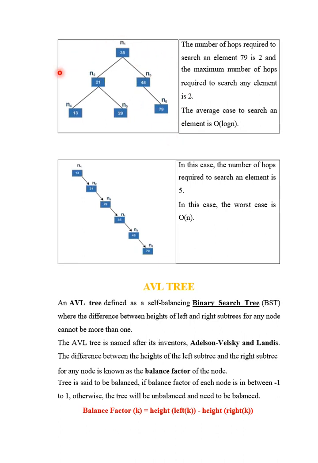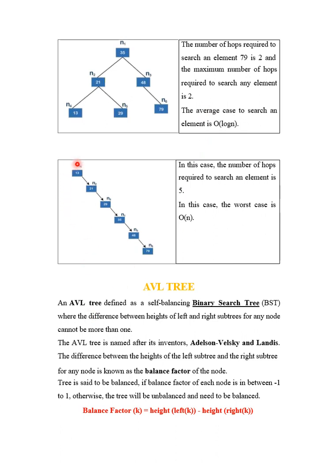And the maximum number of hops required to search any element is also 2. If I want to search this element, the number of hops is 2. For this element also, the number of hops is 2. So the maximum number of hops for this tree is 2. So the average cost to search an element is order of log n.